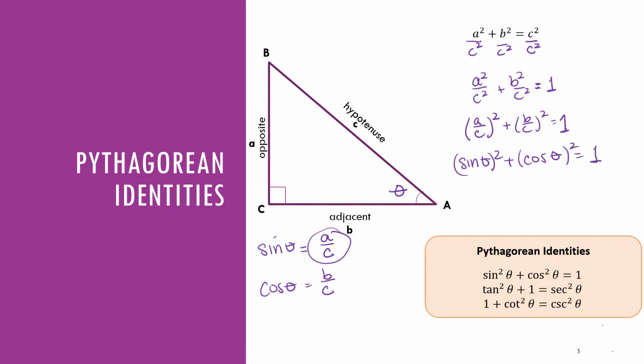Now we could leave it like that, but conventionally we don't write it that way. We actually put the square on the function. And this is the first of the Pythagorean identities. If you want to copy this down, go ahead and pause the video, and then I will show you how to get the other two identities.